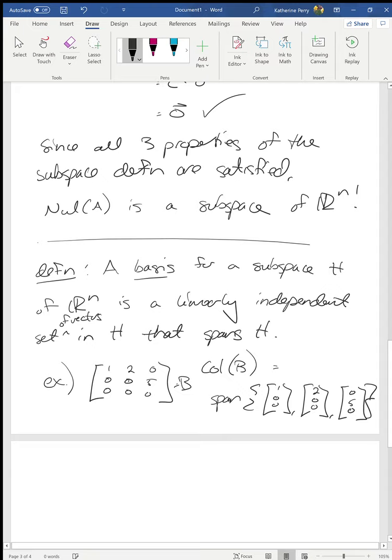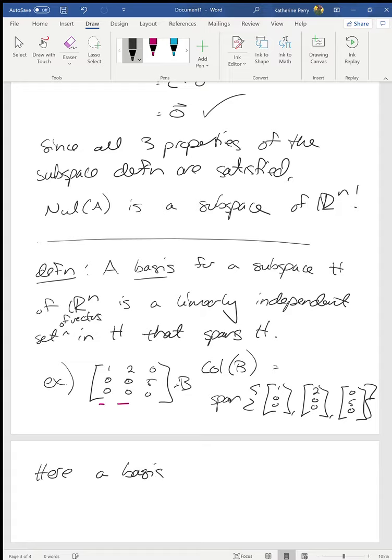And this would be a space, it's the set of all linear combinations of these three columns. But notice column 1 and column 2 are clearly linearly dependent because column 2 is a multiple of column 1.